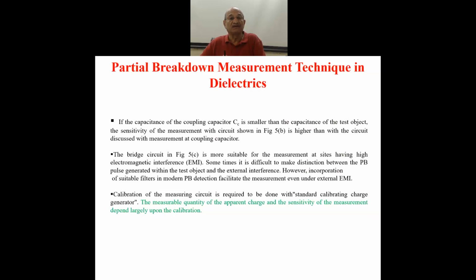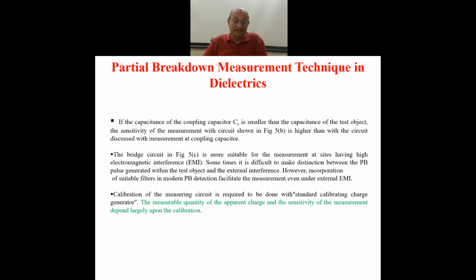you suppress it. A Faraday cage would ground the external EMI or external signals, so that you can make the measurement without disturbance from externally generated electromagnetic interference.